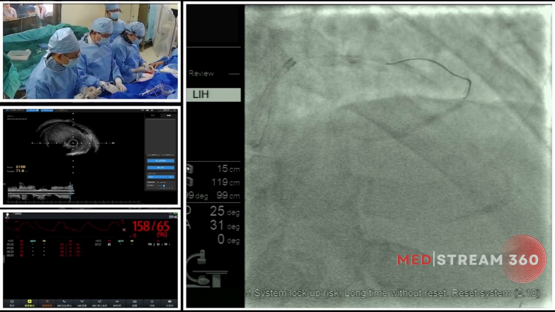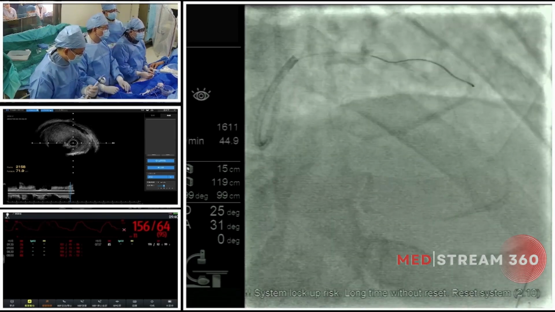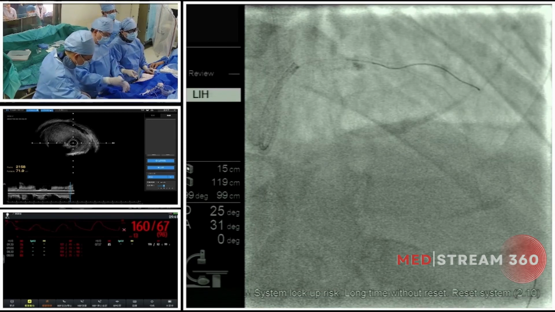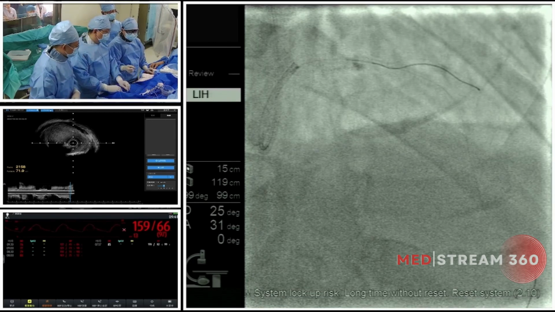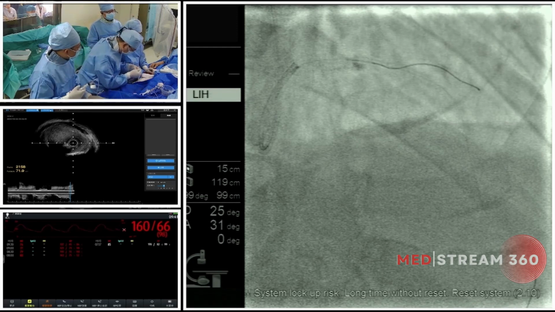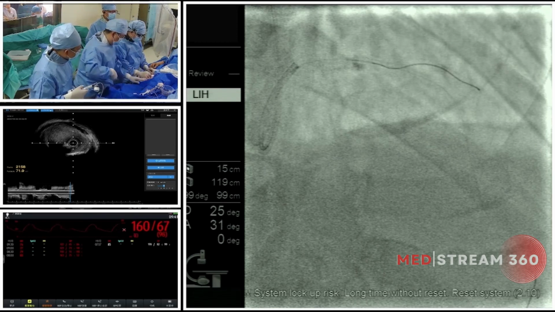Professor Gong, why do you choose rotatripsy but not IVL alone? Because for this patient, the stenosis is very severe. Firstly, the IVUS catheter cannot be delivered, and I think the IVL balloon also could not cross the lesion.